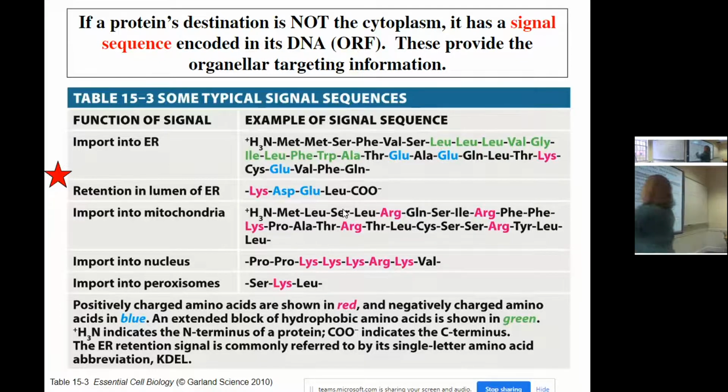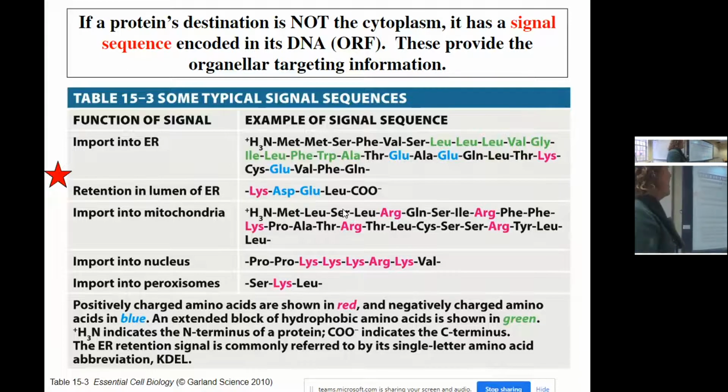An example is when you see on here signal sequence and it says plus H3N, that's the amino or N-terminus of the protein, constructed at the very beginning of translation.